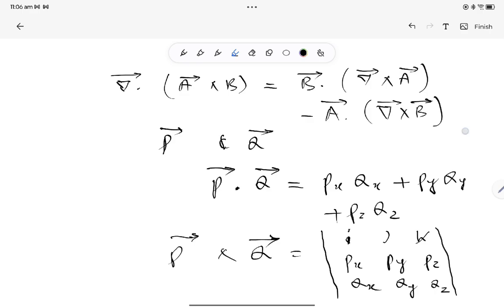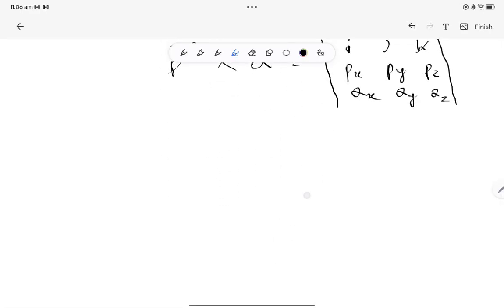So beginning with this, let us now write del dot A cross B. What is this del dot A cross B equal to? First of all, let us write del explicitly.